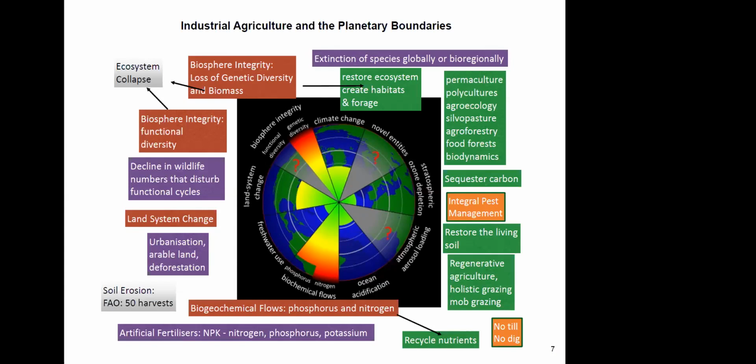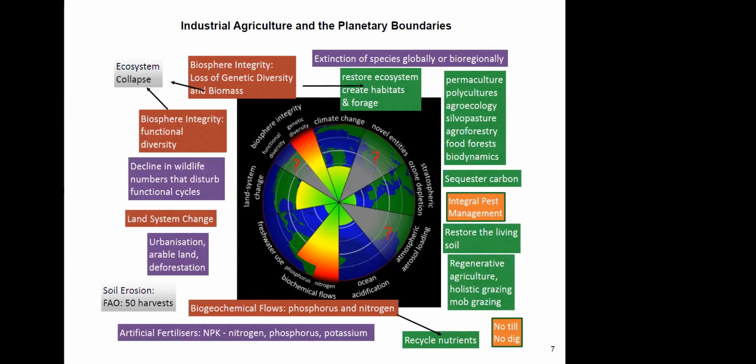So on the right-hand side, I put these green boxes, and these are the things that we can do. If we are worried about biosphere integrity and genetic diversity and biomass, then we restore ecosystems and create habitats and forage for wildlife.